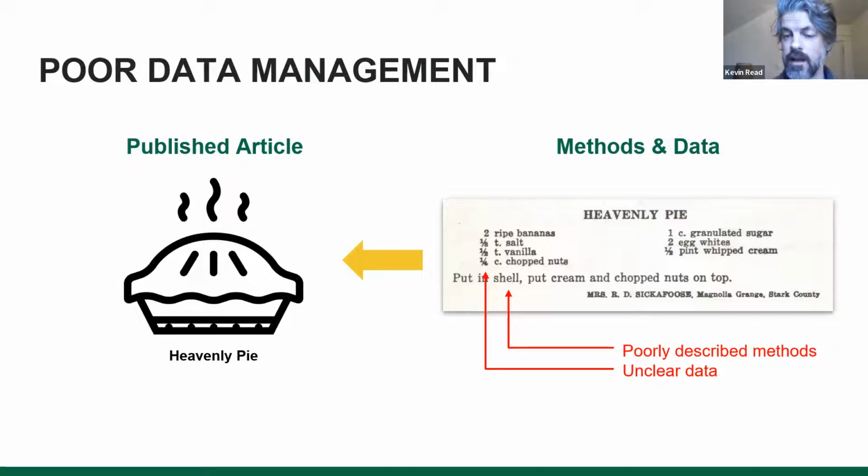Am I chopping them finely? Am I not chopping them finely? If I was to do this as instructed, I would have a bunch of raw egg whites, 2 giant bananas, and some chopped nuts in a shell of indiscriminate size. So the point here for you to think about is describing this in a way that someone else would be able to very clearly understand what you did and how you did it.